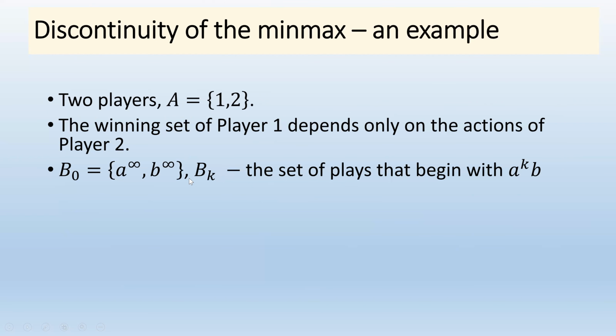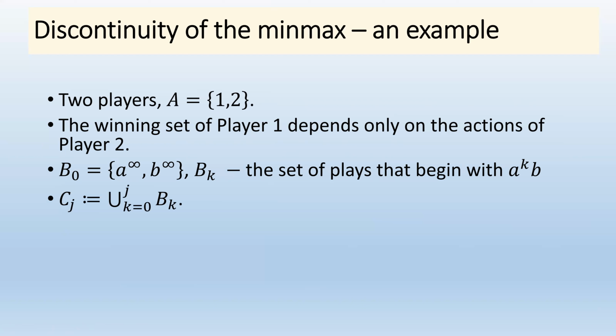The first set that we define is B0, and it consists of two plays, the play of playing infinitely many times A, and the one where we play infinitely many times B. BK is the set of plays that begin with playing K times action A and then action B.